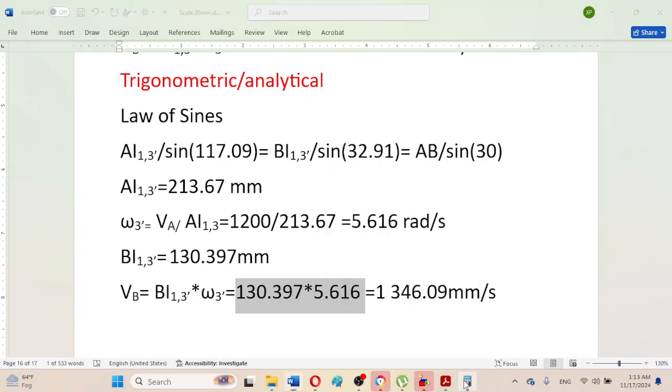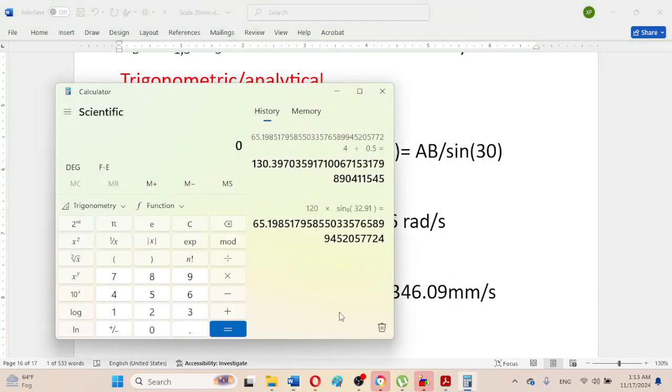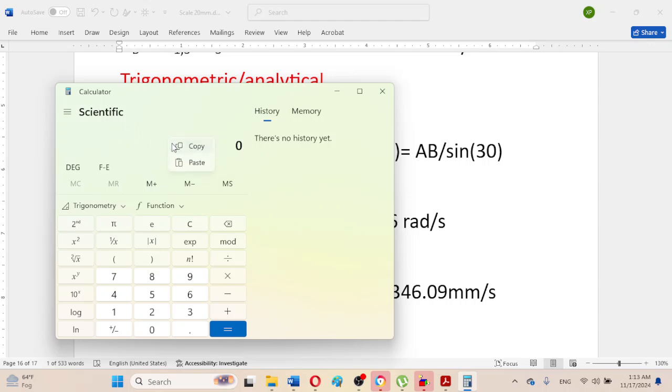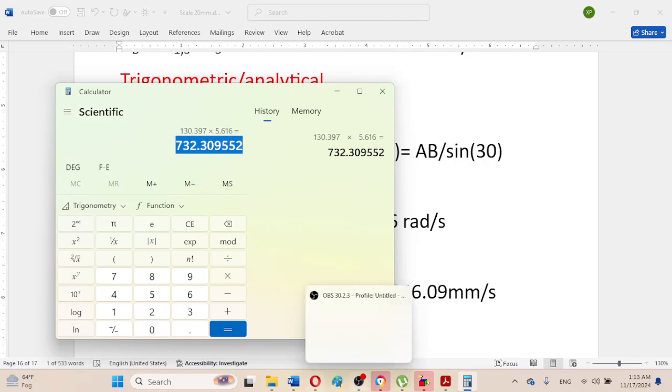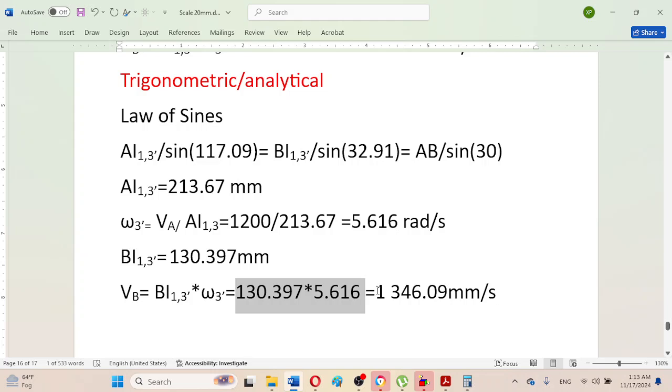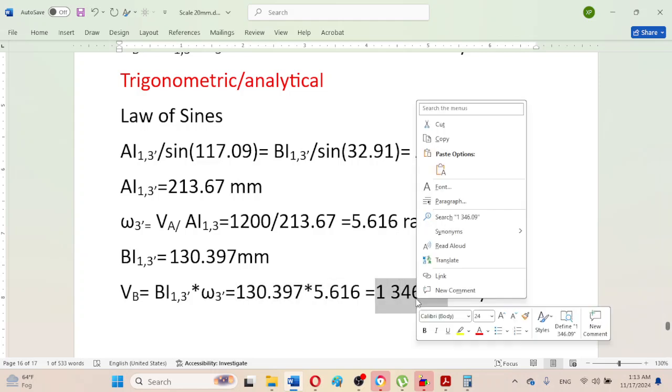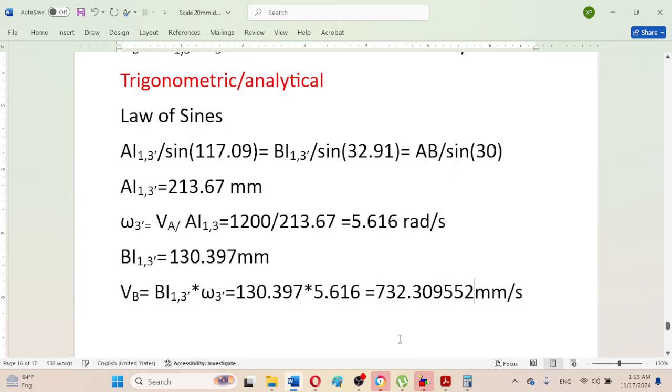Just copy it here and paste it here, and as we can observe, the value is 732.3095 millimeters per second.